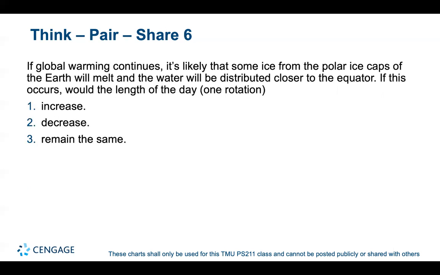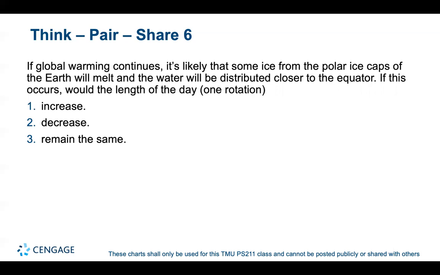So if global warming continues, it's likely that some ice from the polar caps of the Earth will melt and the water will be distributed closer to the equator. If this occurs, what happens to the length of the day, that is one rotation? The answer is it would increase. The Earth already bulges slightly at the equator and is slightly flat at the poles.